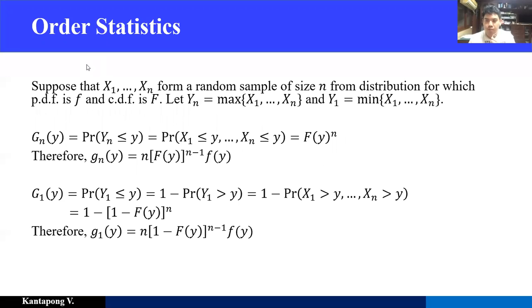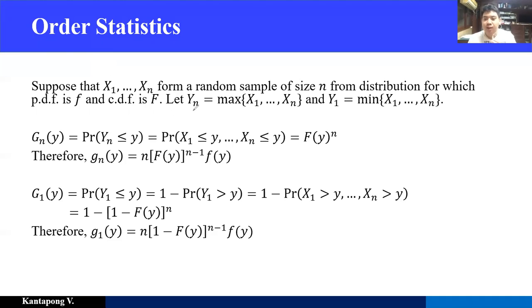So next one. We have talked about the convolution, that is the sum of two or more random variables. The next concept is the order statistics. With order statistics, we are not interested in the distribution of X1 up to Xn itself, but we are interested in the maximum and the minimum.